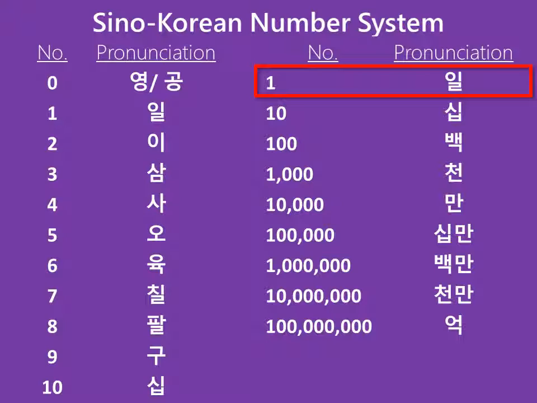Then 100,000, we say 10만. Okay, we just say 10만. Then 1 million, we say 100만. For 10 million, we say 1000만. Right? Then 100 million, we say 억.